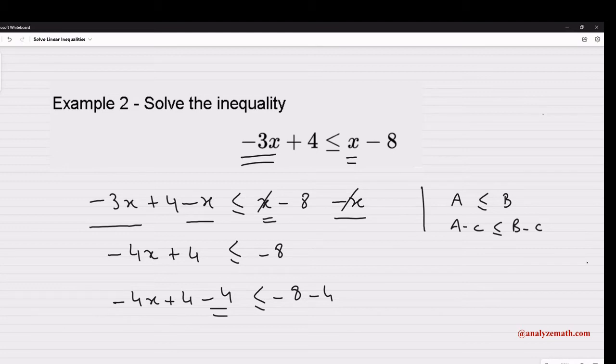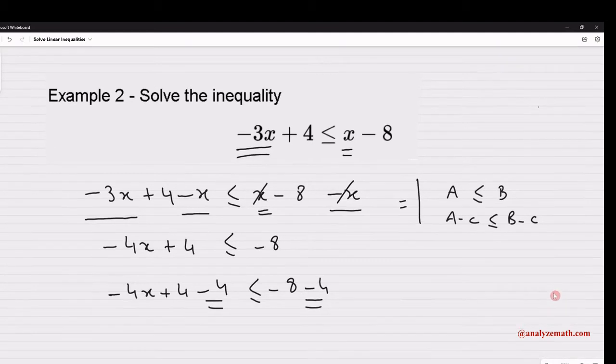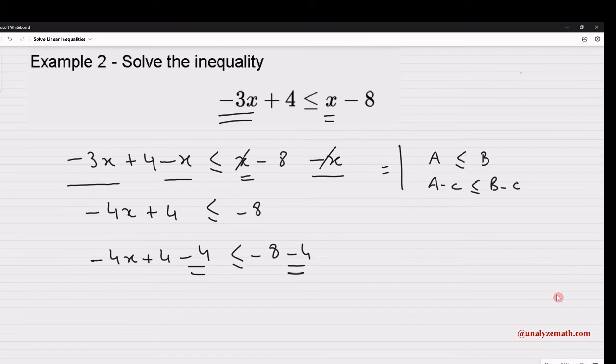So again, subtracting 4 from both sides. I have used the same property. Now let's simplify. So negative 4x, 4 minus 4 goes, less than or equal to negative 12.